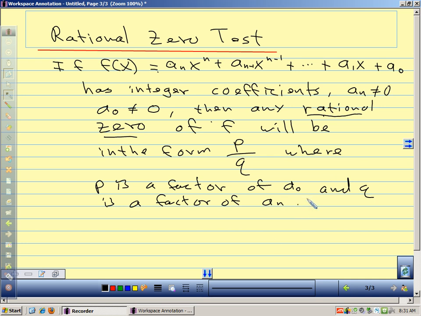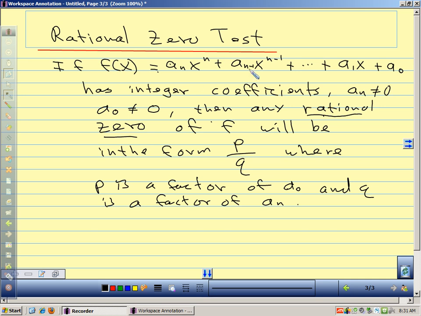So any solution to this polynomial that's a rational fraction, the numerator has to be a factor of a sub 0, and the denominator has to be a factor of a sub n. So that limits what the solutions of your polynomial can be. So that gives us a list of possible solutions so that we can eliminate some possibilities right off the bat.